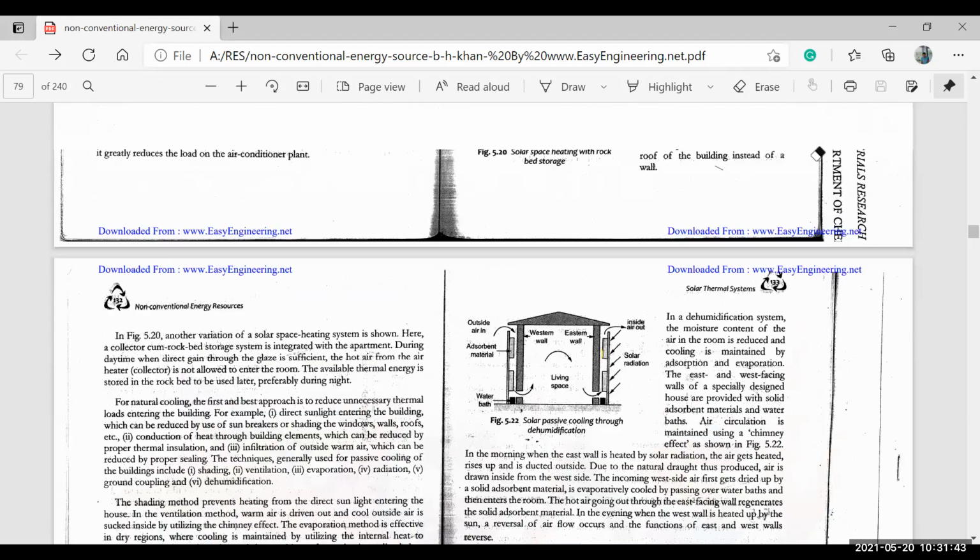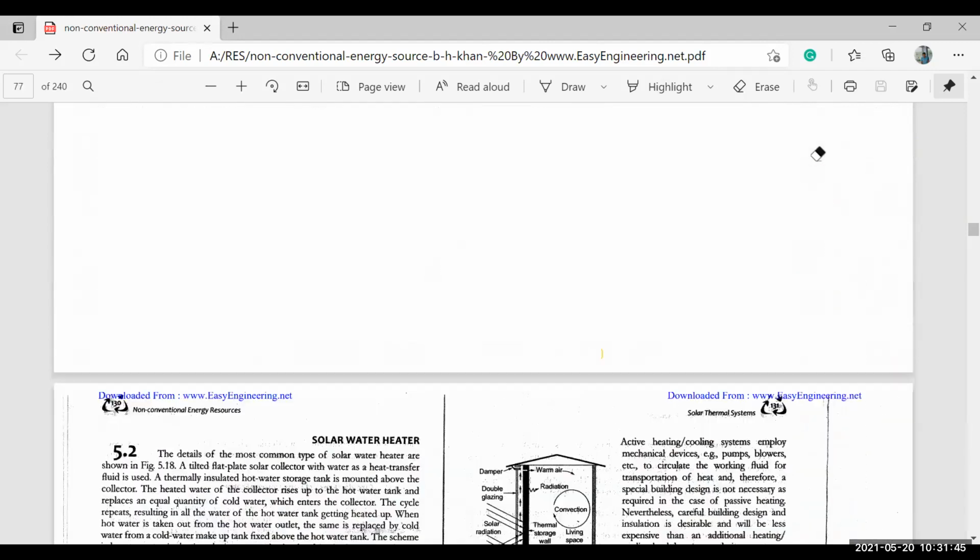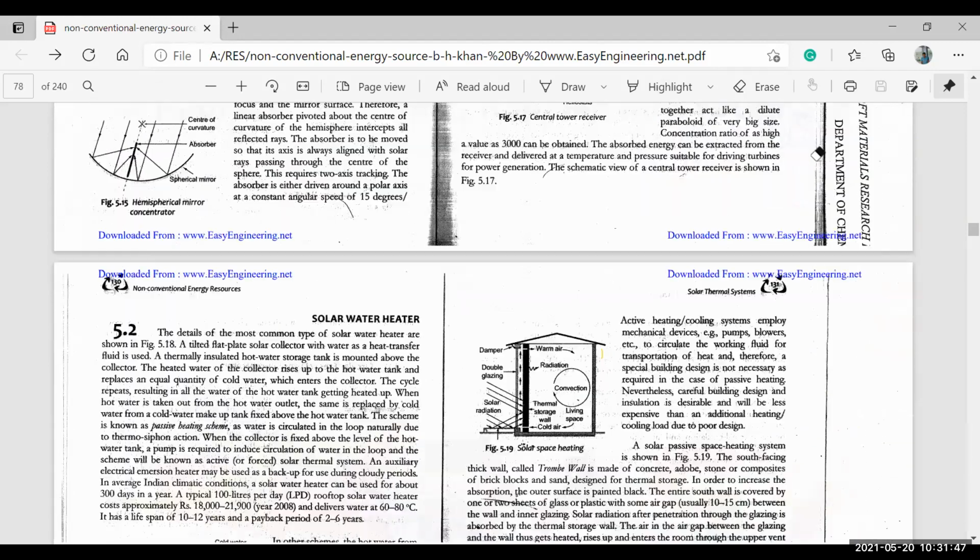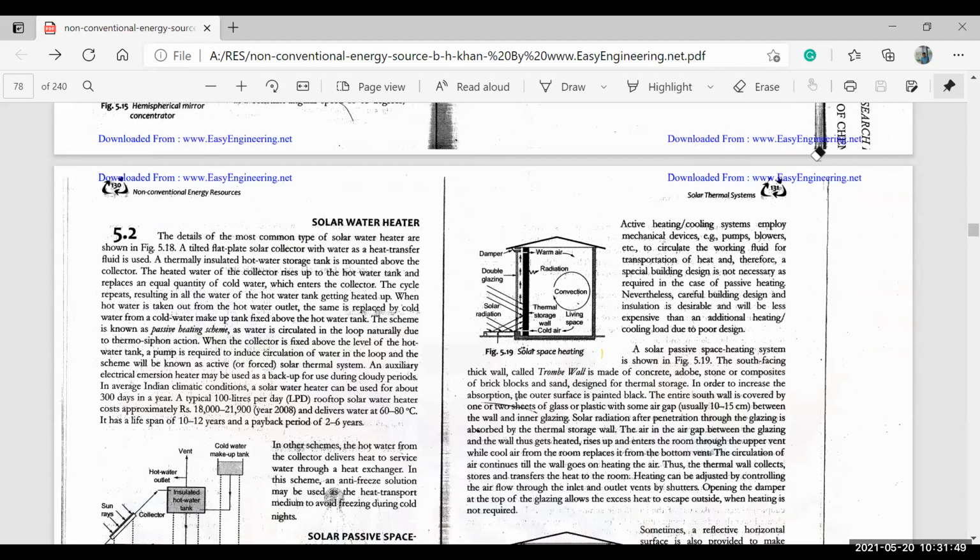Okay, so we'll go with this solar water heater. So in solar water heating, generally two methods are being used, that is passive and active.